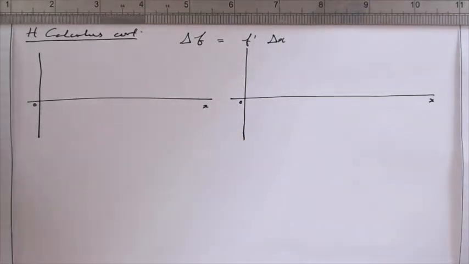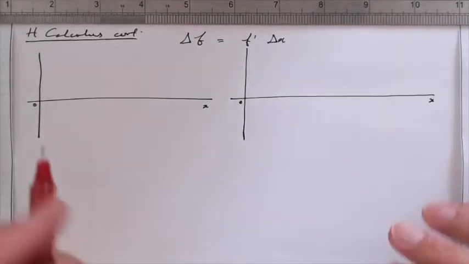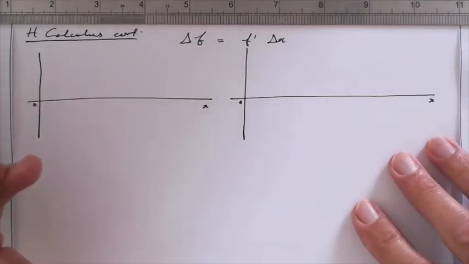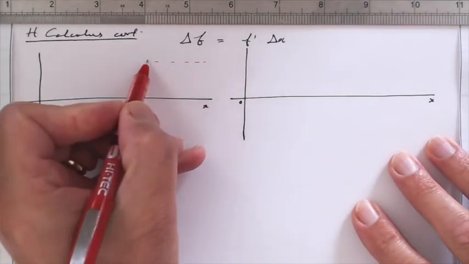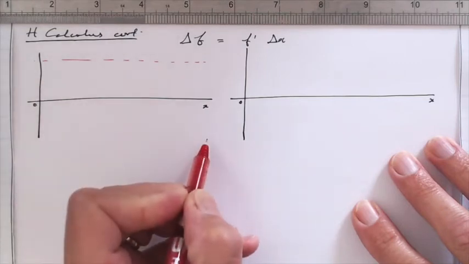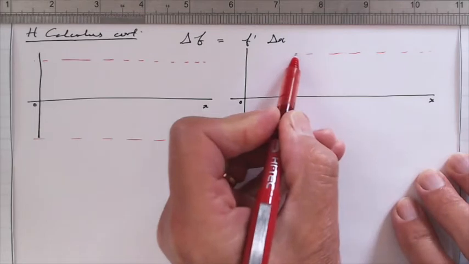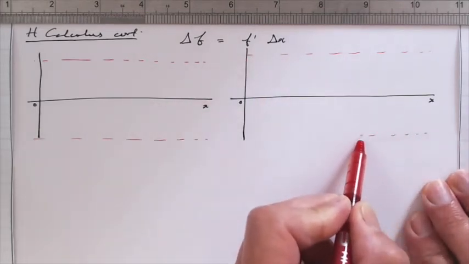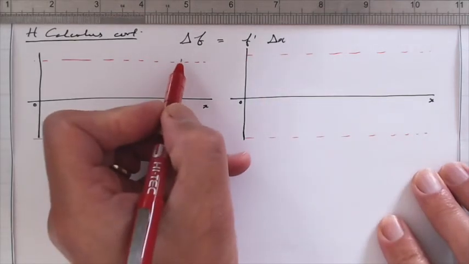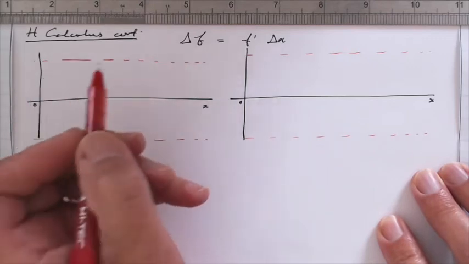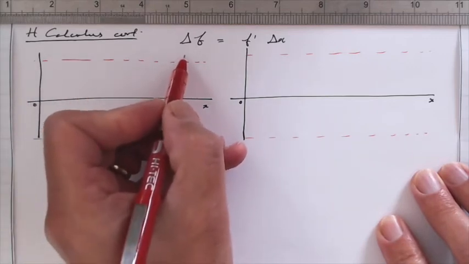Sine goes between -1 and 1, as does cosine. And we're just going to look at one period of the functions, or one complete cycle.